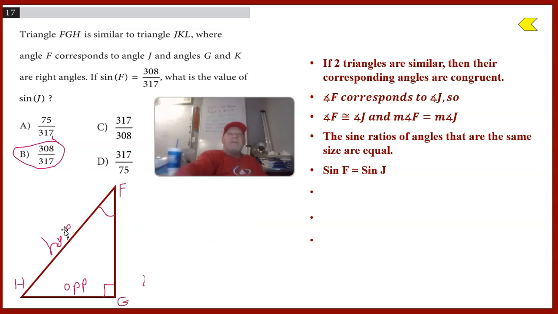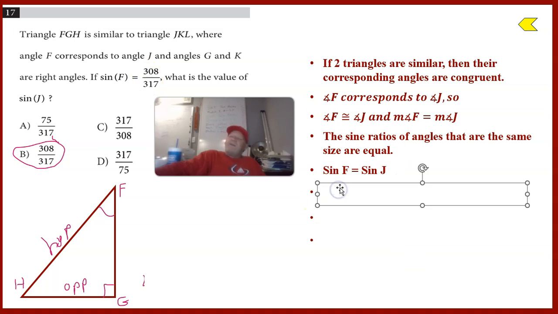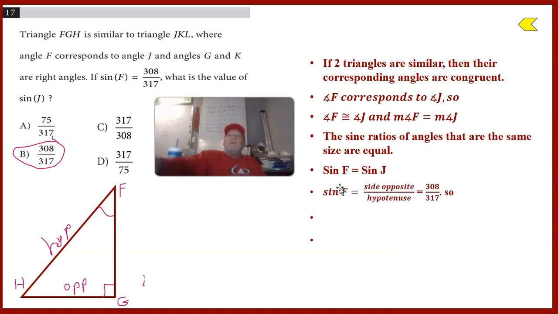I could look at these two triangles. It says that G and K are right angles, I lucked out here. So if we're talking about angle F here in triangle FGH, and I talk about the sine being 308 over 317, then you have to think of what does sine mean? Well, the sine of an angle is the side opposite over the hypotenuse.